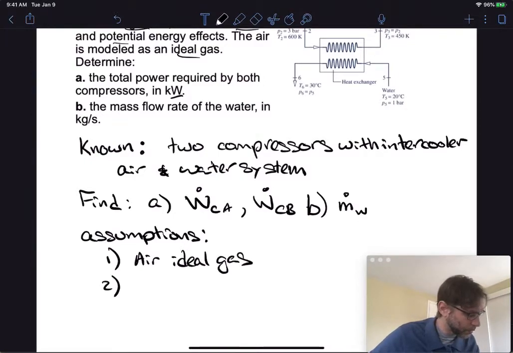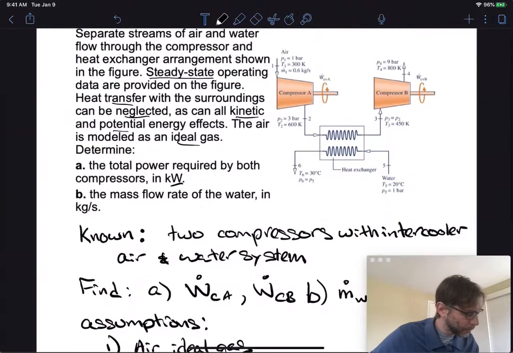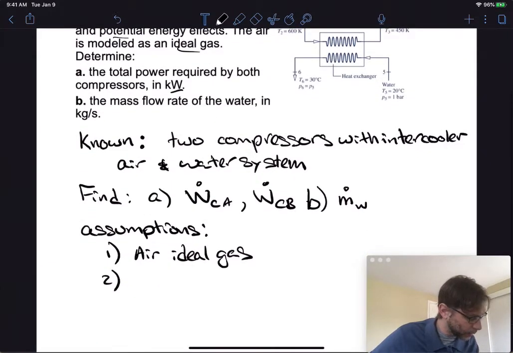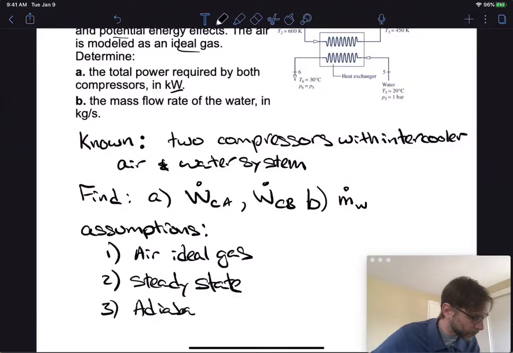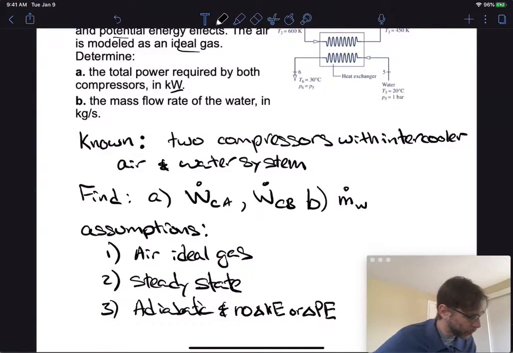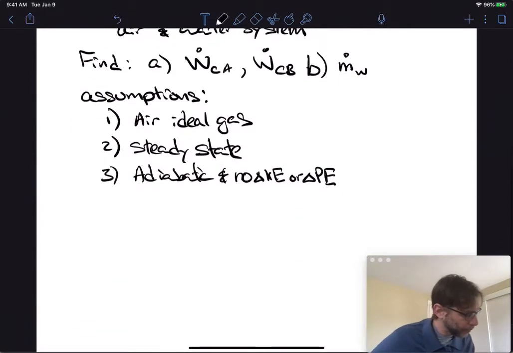Two, we're going to say it's steady state. Both are steady state. Three, we're going to say it's adiabatic. And no delta KE or PE. Well, isn't that convenient?